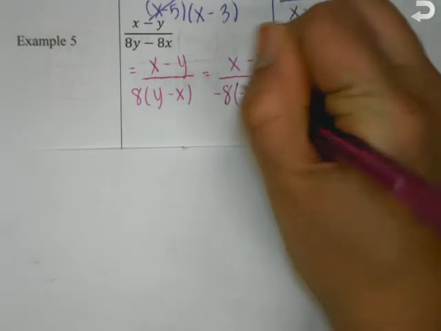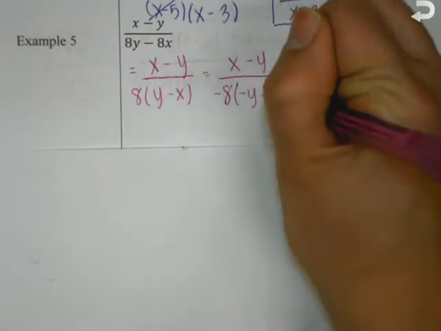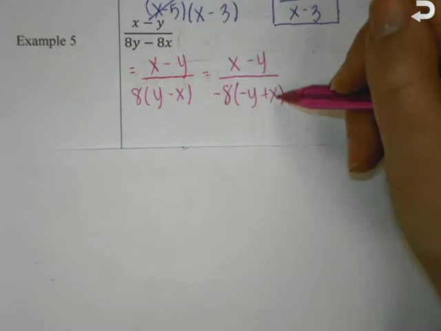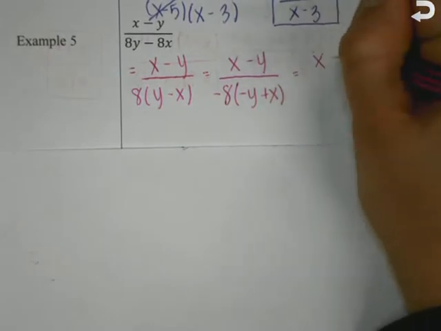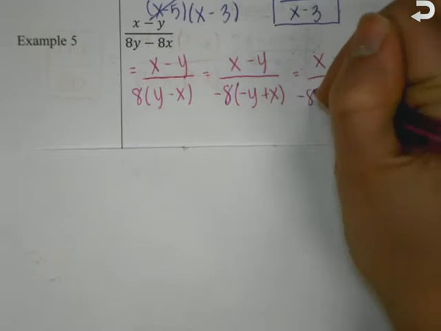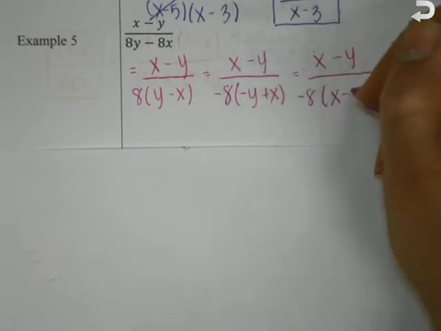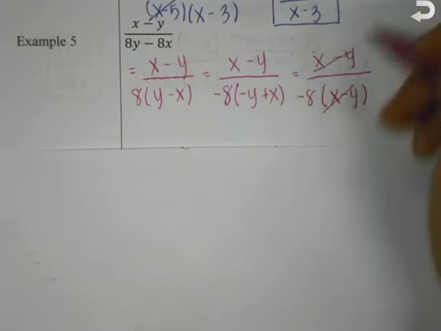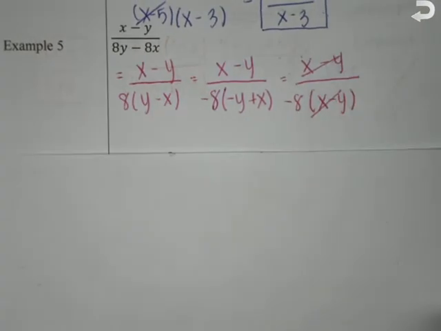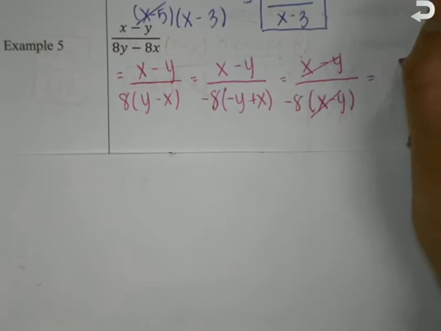Yeah, we can reorder them to get negative 8 times x minus y. Now they cancel. So you can go ahead and cancel them. In the numerator, I am left with a 1. In the denominator, I'm left with a negative 8. So our answer is negative 1 over 8.